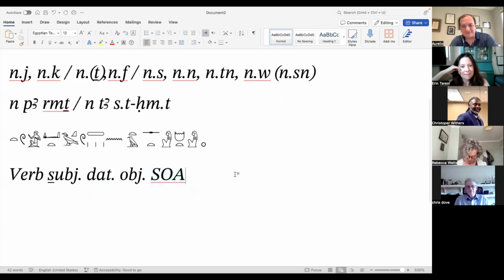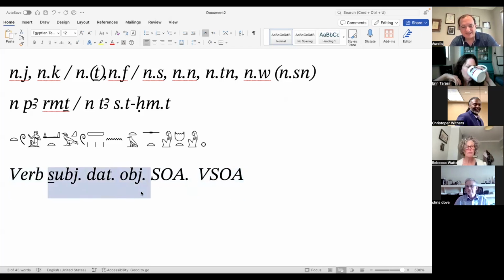So the standard rule in Middle Egyptian is this: verb, subject, direct object, and then any kind of a verbal expression, including datives. It's only the case that all the small pronominal things jump the queue. You can basically say any pronoun will come sooner. So if you have a pronominal dative, that will jump across the sentence and move ahead of all nouns. Same thing for pronominal direct objects, and of course for pronominal subjects anyways.